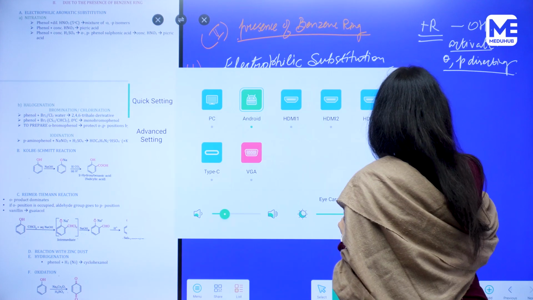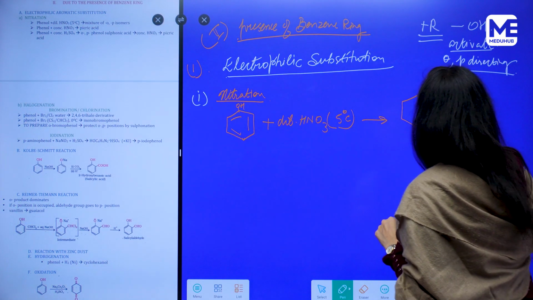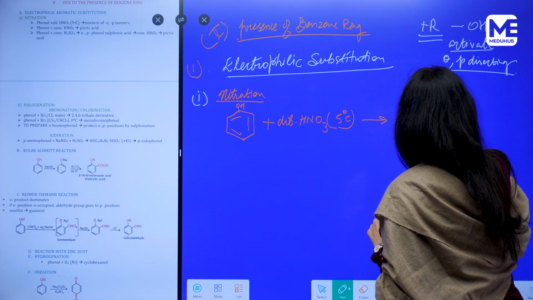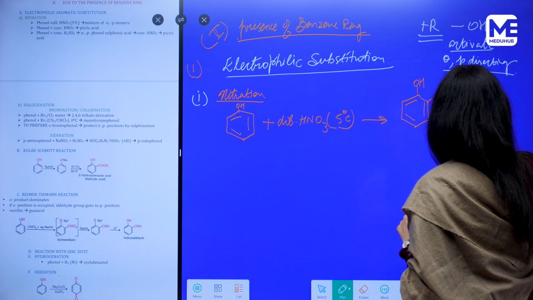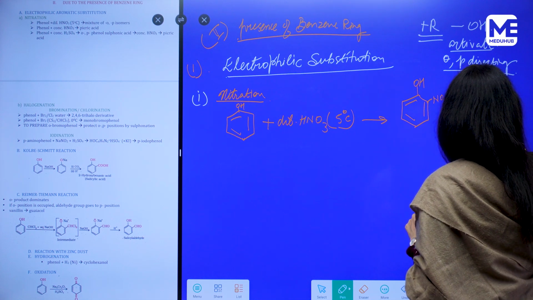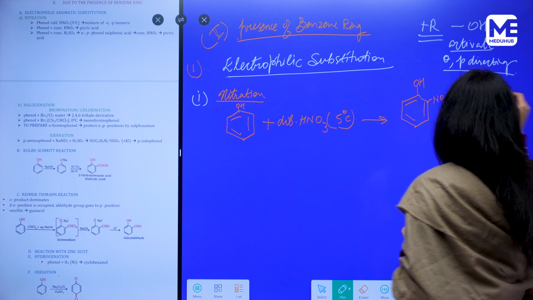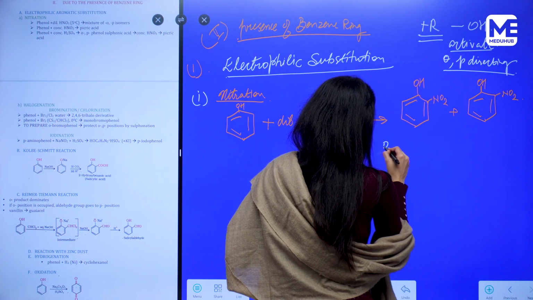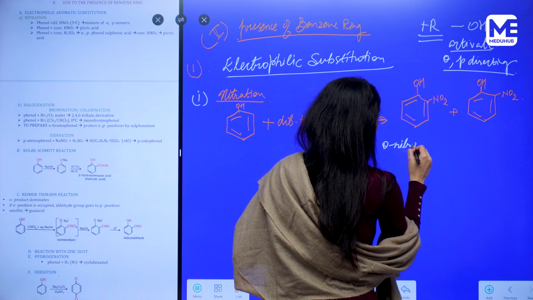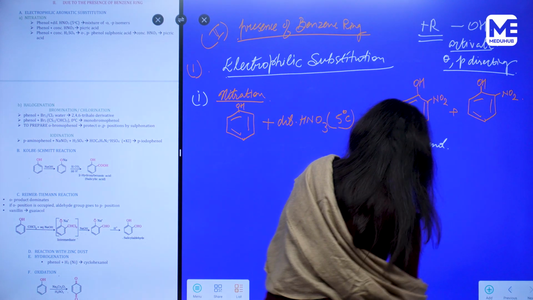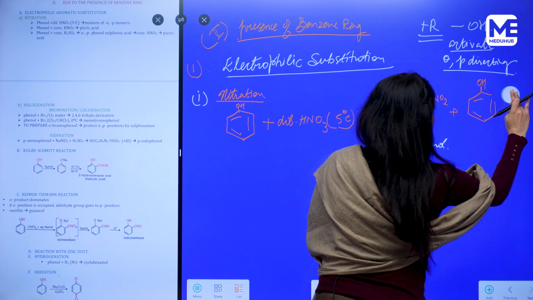We will get a mixture of ortho and para isomers. So this will be ortho-nitrophenol. Yes. That one will be para-nitrophenol.